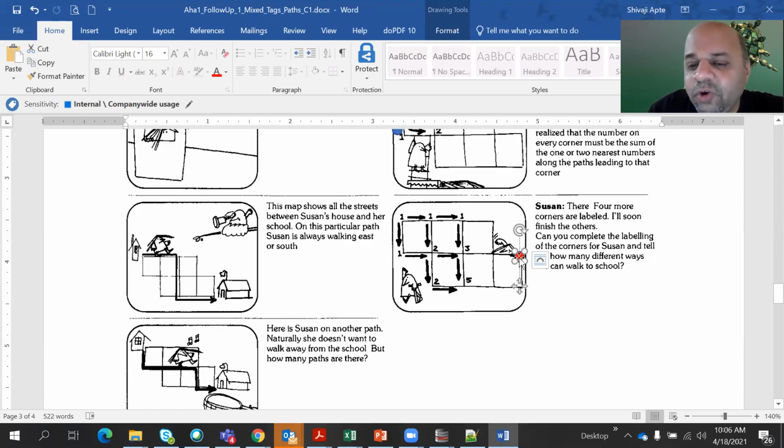So that will continue to be 4 here. Okay, you got it? Don't worry, we are going to discuss this more in detail. This is how you came, and we ended here because this is where the school is. School is at this corner. So we ended it there.